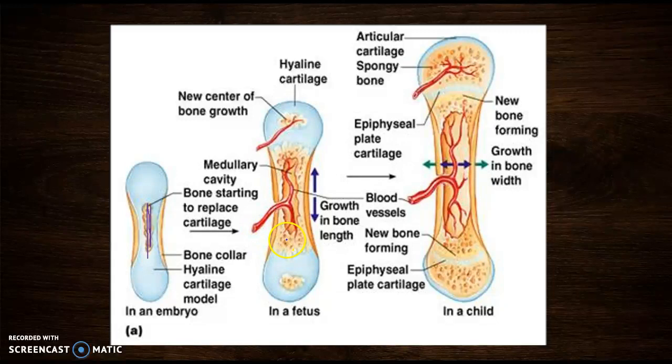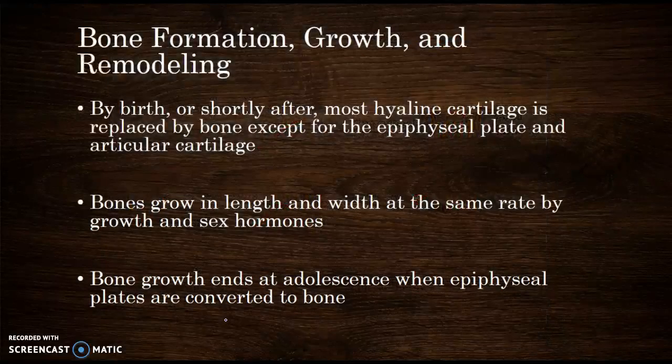So you start out as cartilage, and then you just start laying bone down on top of this cartilage. And as these osteoblasts are laying more and more bone down, we start to get innervation from blood vessels and nerves. So then by the time you are a child, the only cartilage really left are right here, your growth plates, those epiphyseal plates. But it's just really important to understand that at first, you are mostly hyaline cartilage. And then as you are developing and growing, you're laying down bone on top of that cartilage.